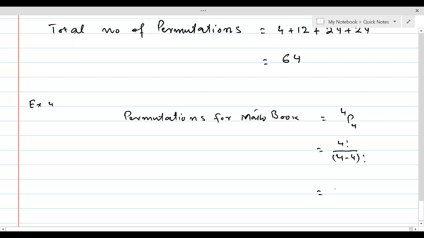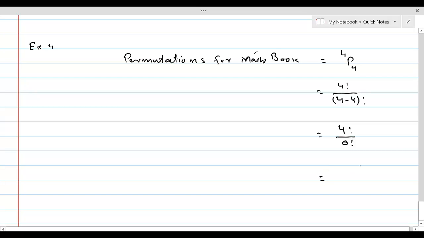This means this is equal to 4 factorial over 0 factorial, but 0 factorial is equal to 1. Therefore, this is equal to 4 factorial.